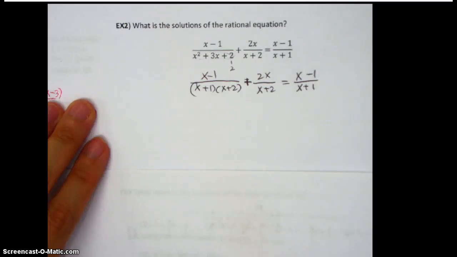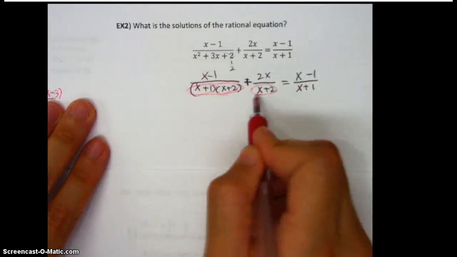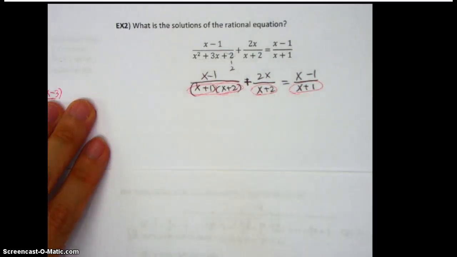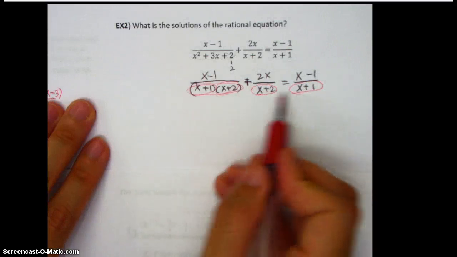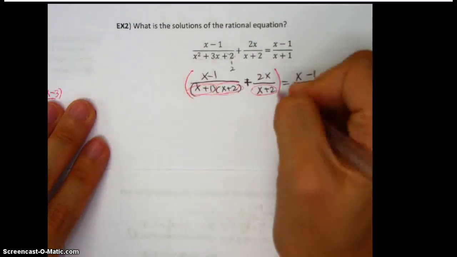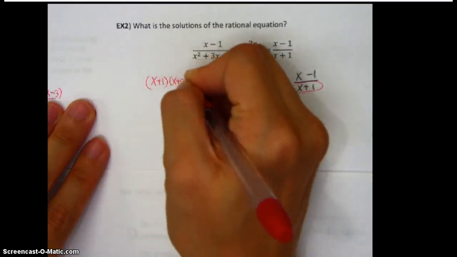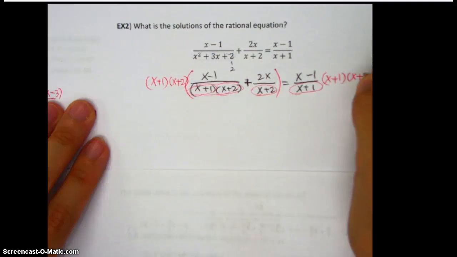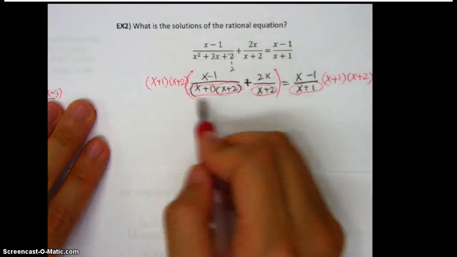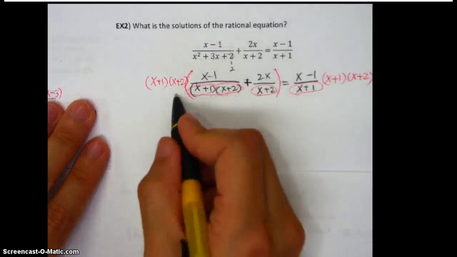Now we look at the denominators, and then we look for the LCD. The LCD is, in this case, x plus 1 times x plus 2. So I'm going to multiply both sides by the LCD. I need parentheses around here because I have two terms. And then I'm just going to distribute.